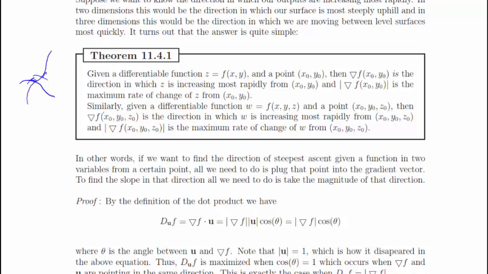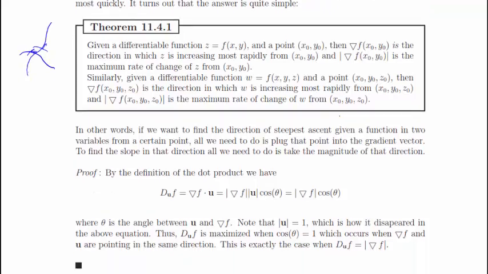Similarly, given a differentiable function w equals f of x, y, z, and a point x0, y0, z0, then the gradient of f at x0, y0, z0 is the direction in which w is increasing the most rapidly from that point, and the magnitude of the gradient at that point is the maximum rate of change of w from our point x0, y0, z0.